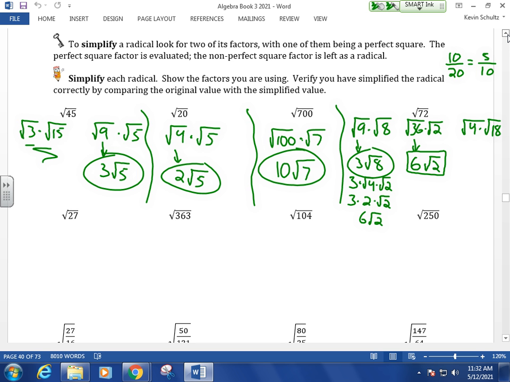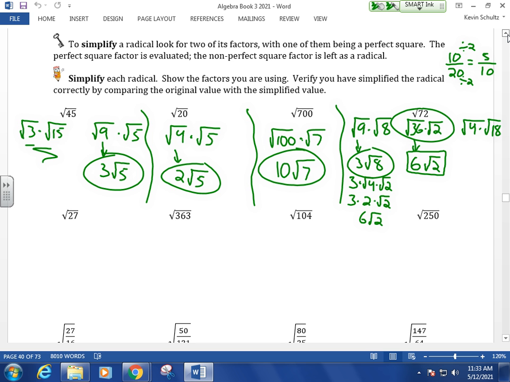No, because you didn't divide by the greatest common factor. You divided by 2 and divided by 2, but that's not the greatest common factor. You would divide by 10 and by 10 to get it down to simplest form. That's the same idea here. You want to find that largest perfect square to use. If you don't find the largest perfect square, you can still get to the answer, but it's going to take a couple more steps. Okay?